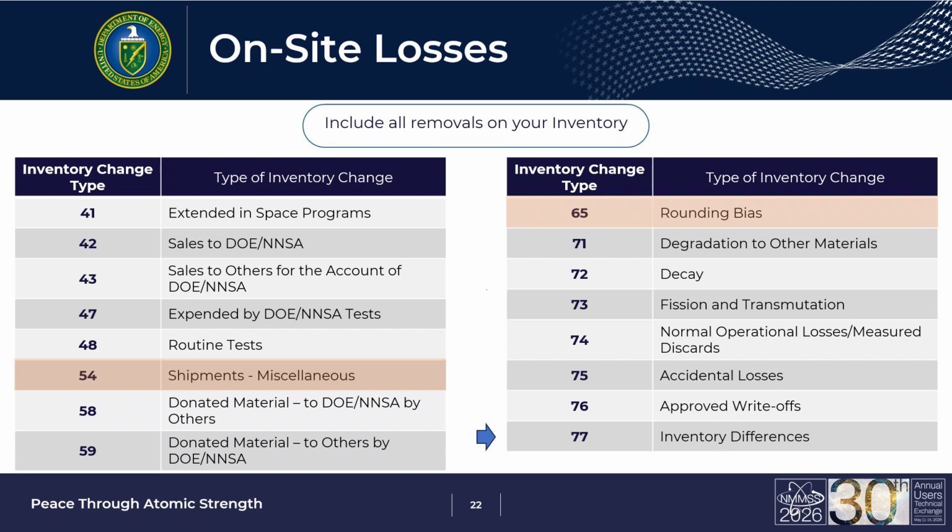All these site losses represent a removal from your inventory. For ICT codes 65 rounding bias and 77 inventory difference, if a negative quantity is specified, this negative value actually represents an increase to your inventory.